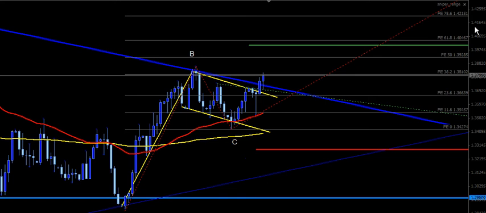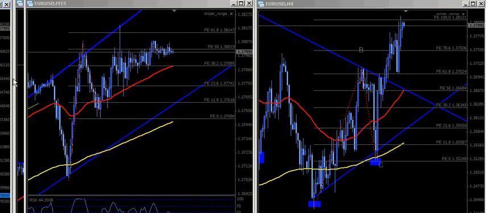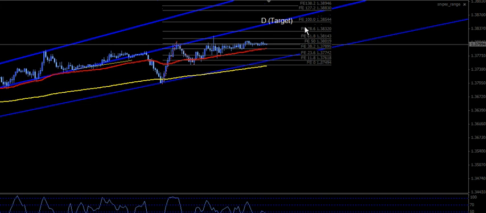On the upside, a daily close above this FE38.2 will probably put us closer to this 15-minute target here at the FE100, the D target of the ABC to the upside target.